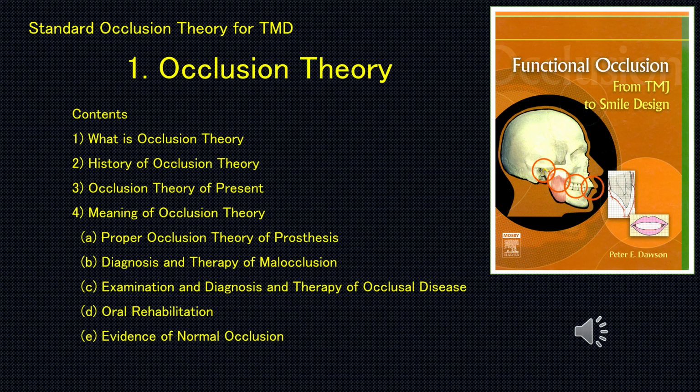A. Proper occlusion theory of prosthesis. B. Diagnosis and therapy of malocclusion. C. Examination and diagnosis and therapy of occlusal disease. D. Oral rehabilitation. E. Evidence of normal occlusion.